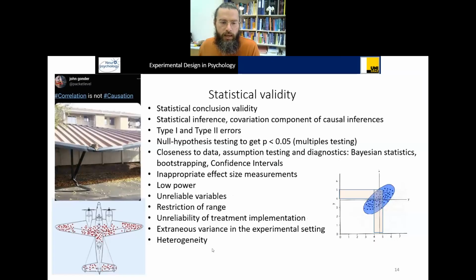Yes, and only if you ascertain that a certain level of heterogeneity is given in your experiment do you have any degree of external validity. But we will address that in the following slides, so please be patient.